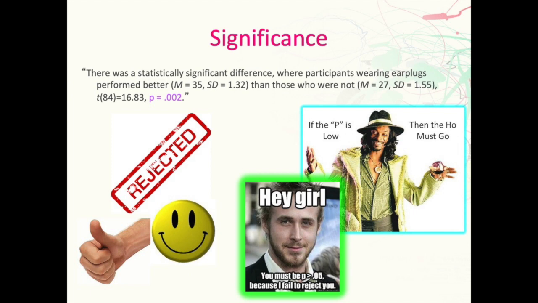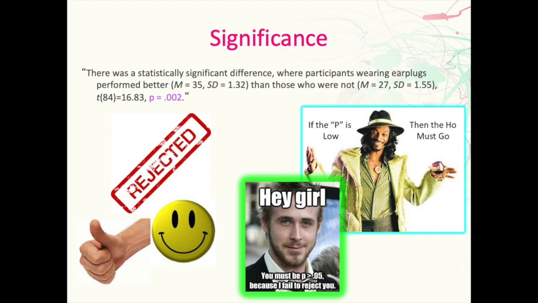So instead of saying it is highly unlikely that there is not a difference between the sample mean and the population mean, or instead of saying it is highly unlikely that our sample mean is from our population, we would say there is a significant difference between the population mean and the sample mean. Or we could say the sample mean and the population mean have been found to be significantly different.